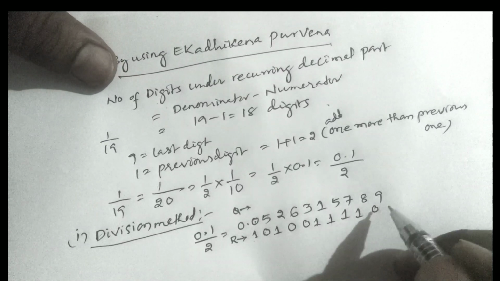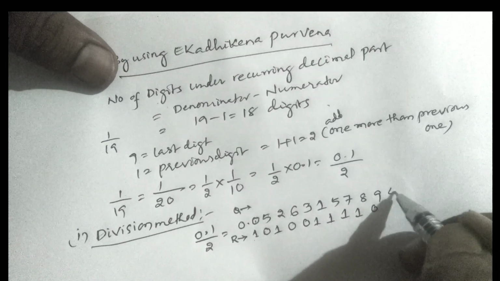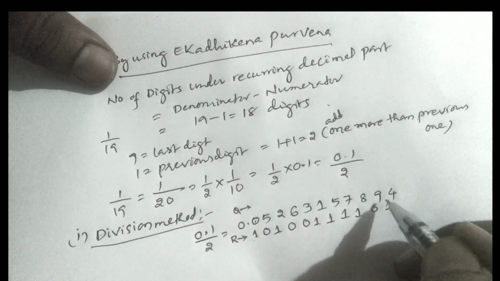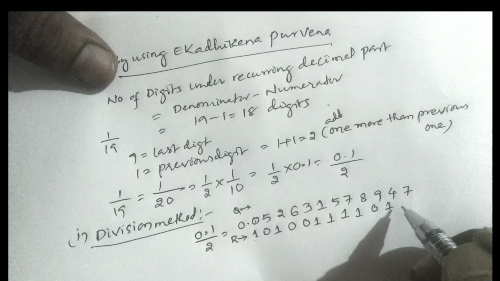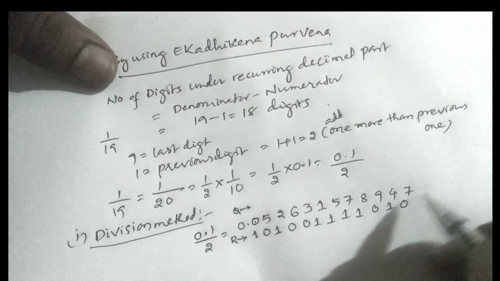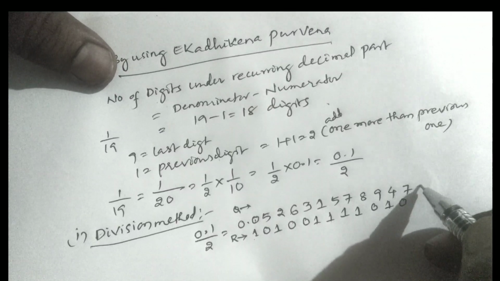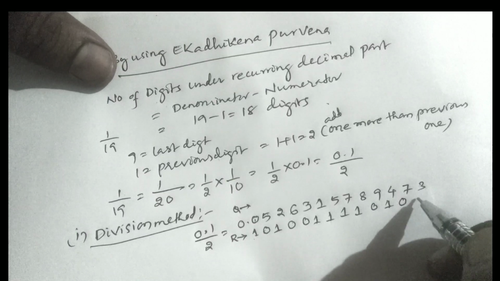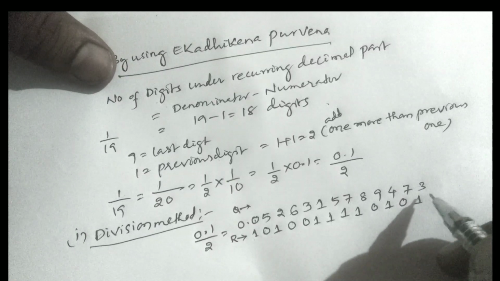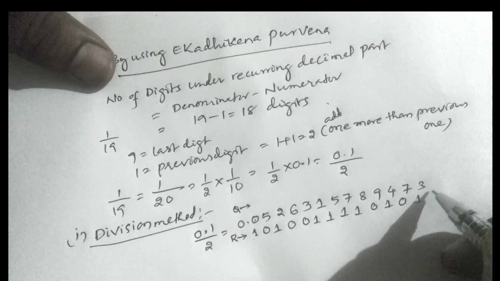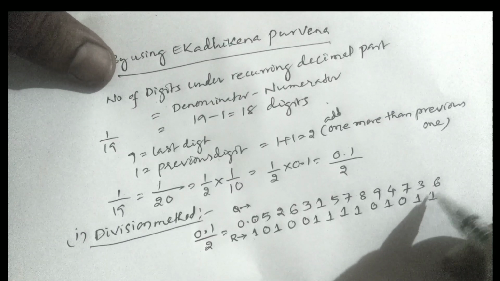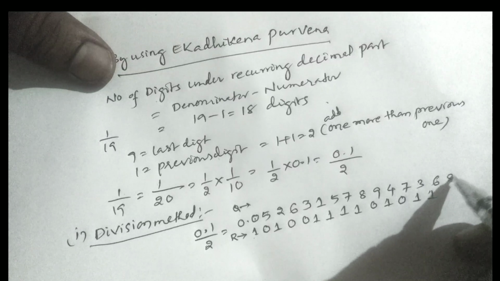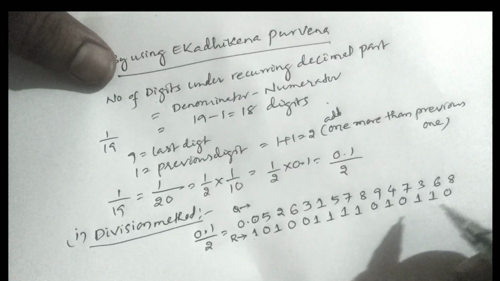Again 9, 2 times 4 is 8, 9 minus 8, remainder 1. Again 14, 2 7s are 14, remainder 0. Again 7, 2 3s are 6, remainder 1. Now 13, 2 6s are 12, 13 minus 12, remainder 1. Again 16, 2 8s are 16, remainder 0.